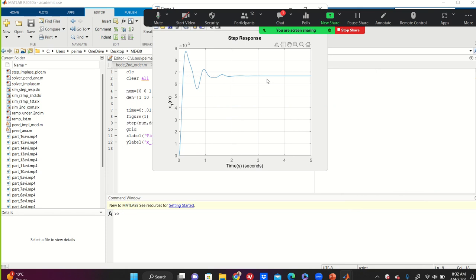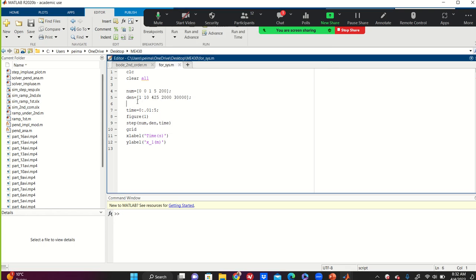Real poles, imaginary poles, complex conjugate poles, repeated poles, two distinct? Yes, complex conjugate, exactly. When you see underdamped, it means that you have dominant, remember, dominant poles? You expect to see a dominant pole for this system. This is a fourth order system.